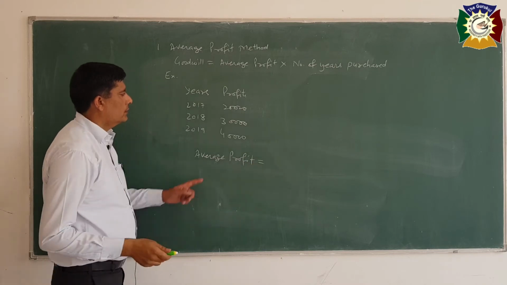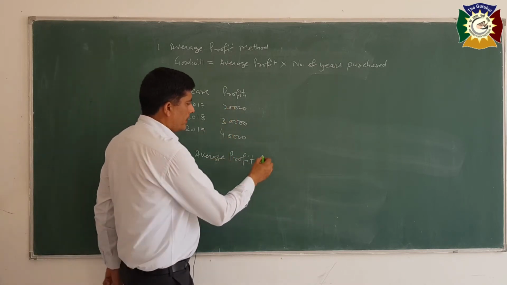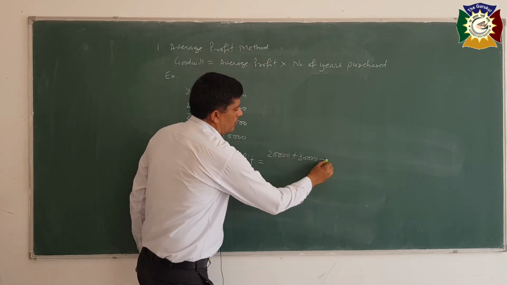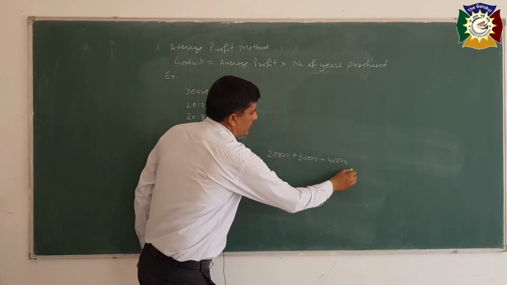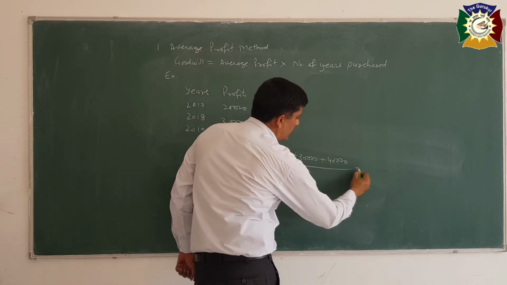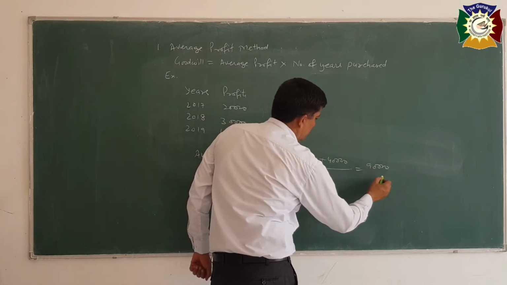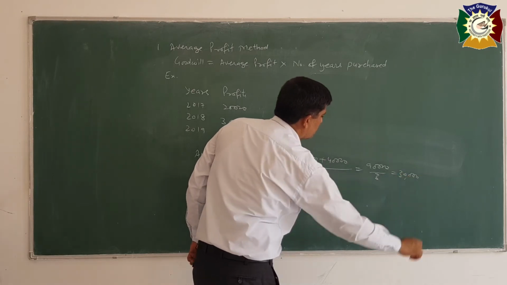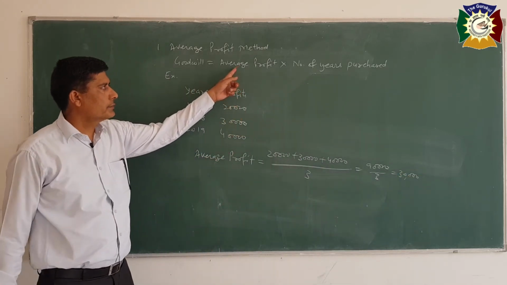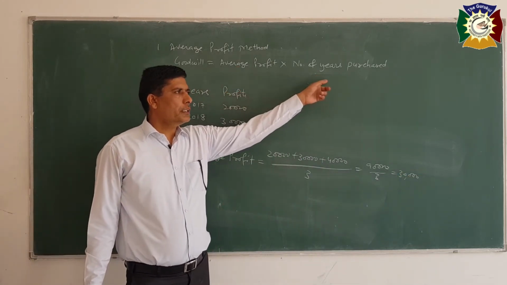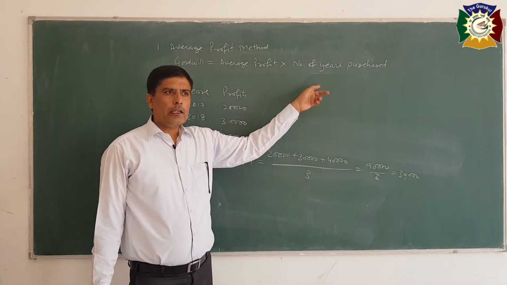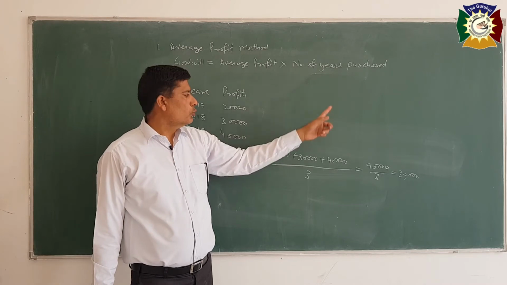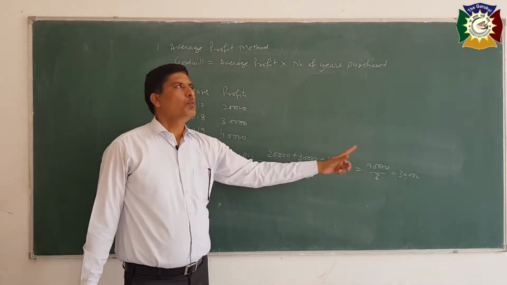Add the profits, 20 plus 30 plus 40, divided by 3. So it will be 90,000 divided by 3, 30,000. This is the average profit. If you are asked to calculate goodwill on the basis of 2 years purchase, you will multiply it by 2.